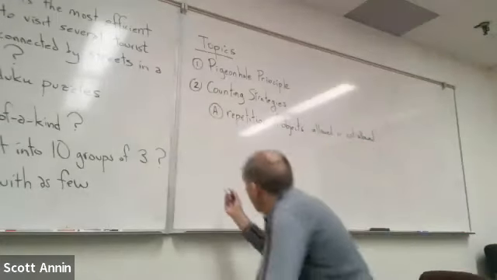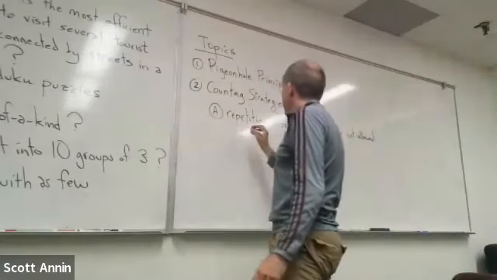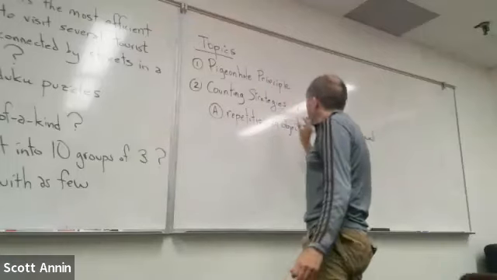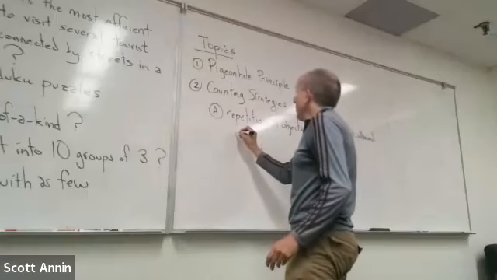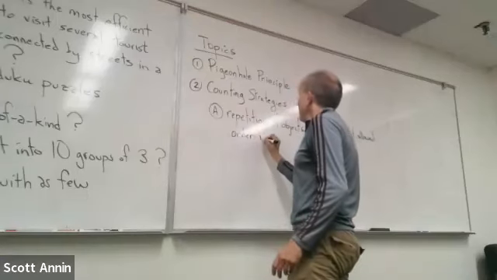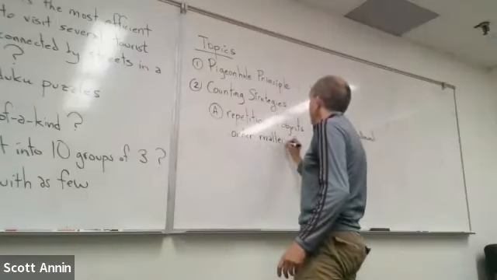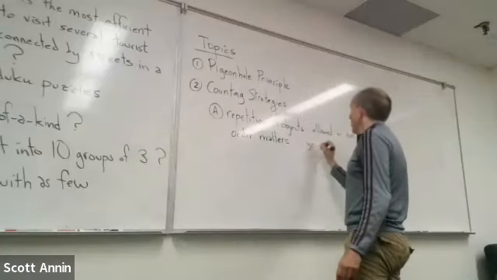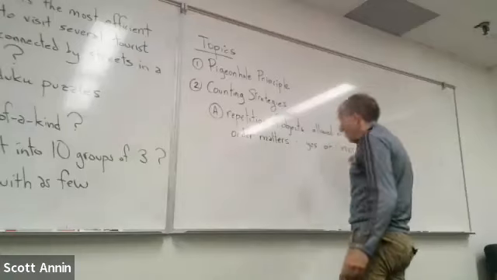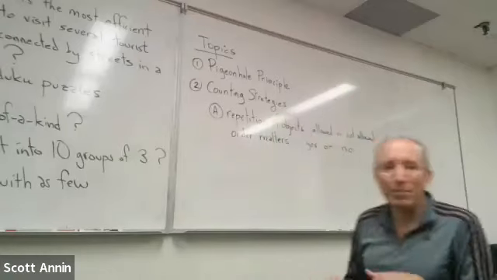The other aspect of this that is important is not only do we care about whether objects can be repeated, we also care about whether order matters, the order of the objects. Yes or no? Does the order of the objects matter?